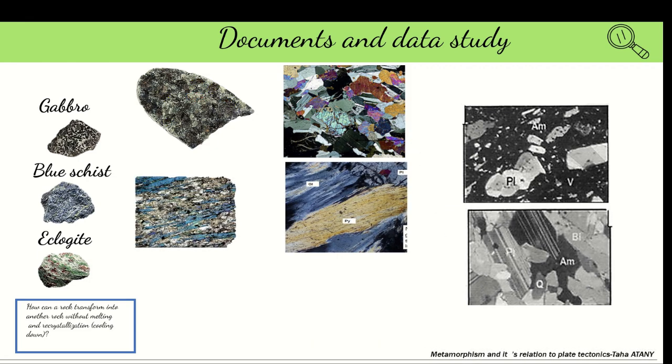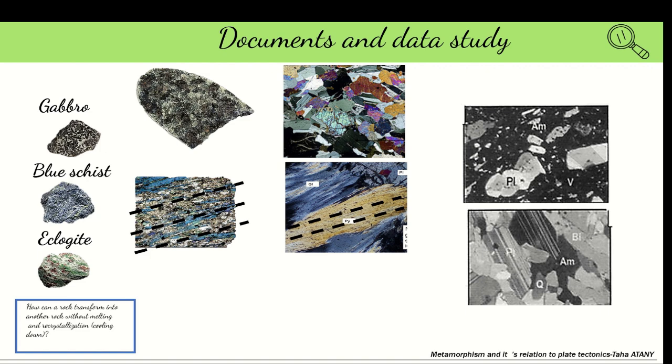Now, blue schist. At the observation with the naked eye, blue schist seems sort of layered. We notice there are some layers. Okay, and at the polarized microscope, we notice that those layers form like an axis of orientation.